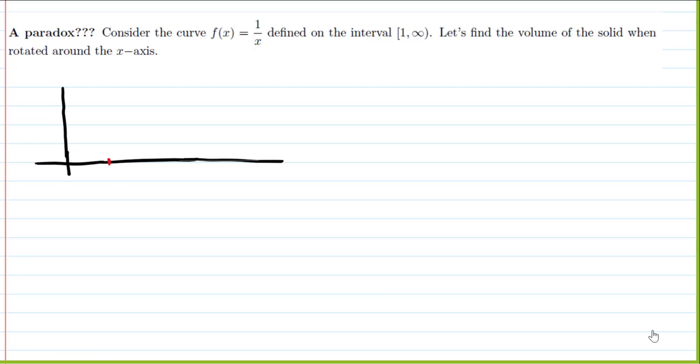So the curve 1 over x, if that's 1 and this is 1, looks like this, the reciprocal function, and then as x gets really, really large, 1 over x gets closer and closer to 0, right? So we want to cut this thing off and rotate it about the x-axis, right?